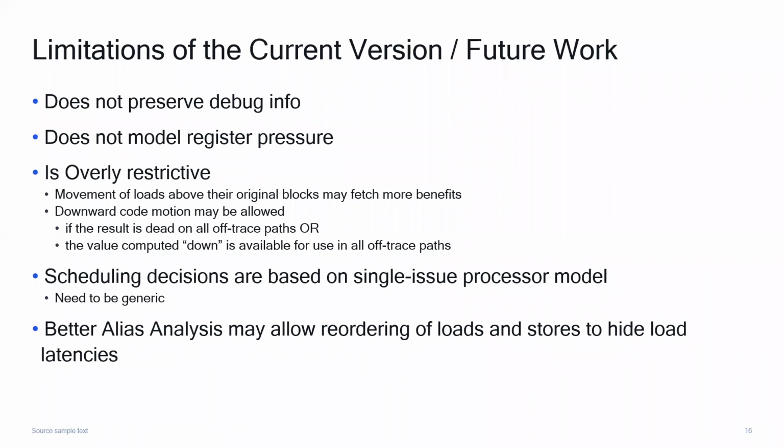Another very important thing is that better alias analysis may allow reordering of loads and stores. If we have very good alias analysis, then we will be able to move loads above stores, and therefore we can hide latencies better.